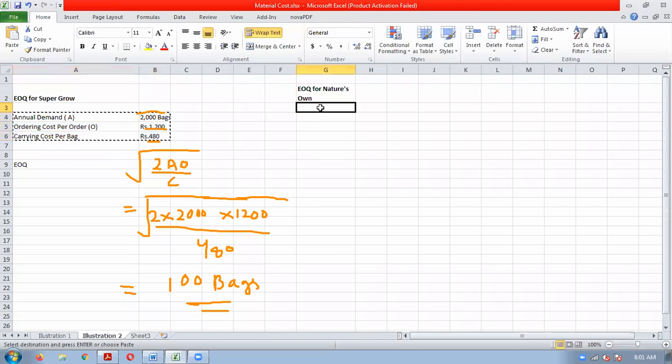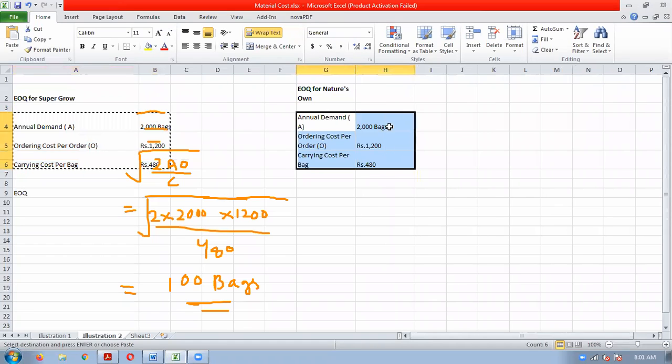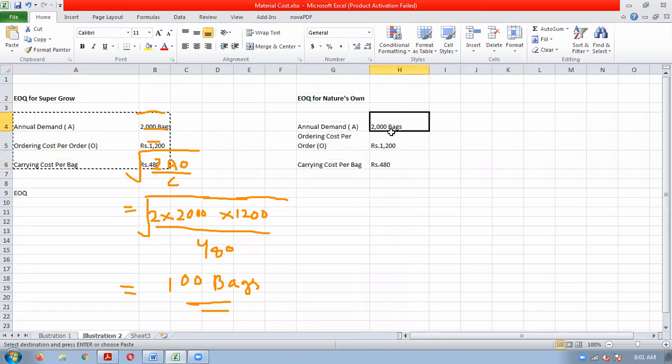Only the numbers will be changing. Here A is how much for Nature's Own? 1280 bags. Ordering cost is how much?